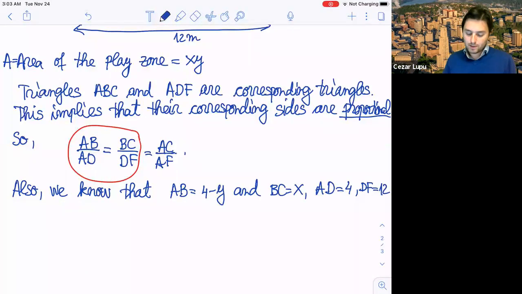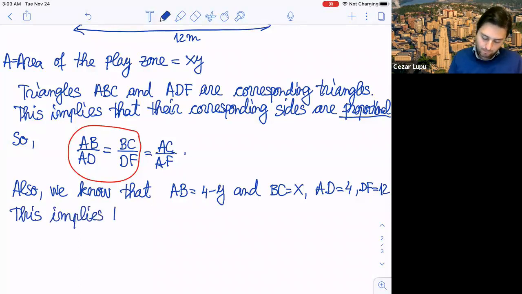All right. So from AB over AD, the ratio that is circled in red, this implies that 4 minus y, everything over 4, is the same as x over 12.